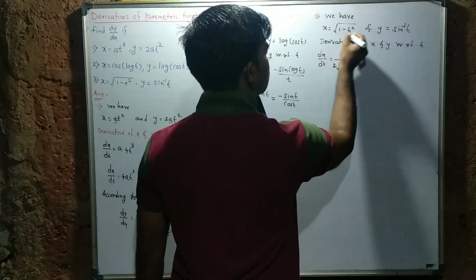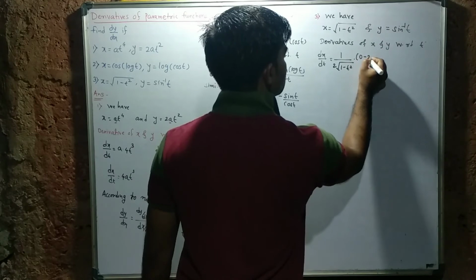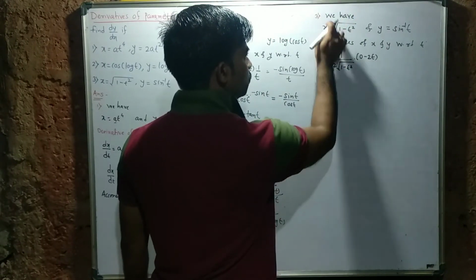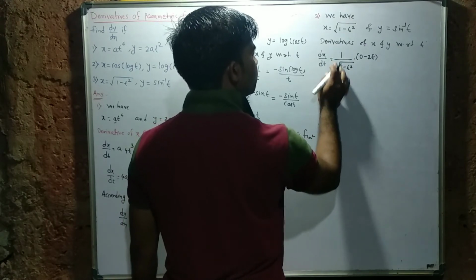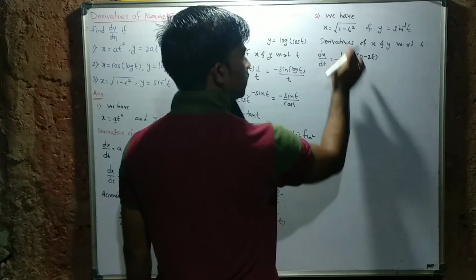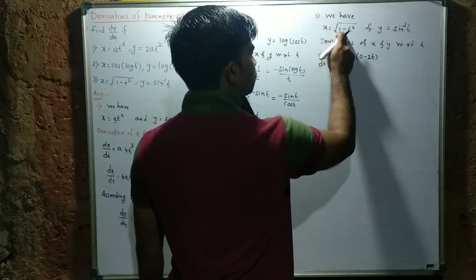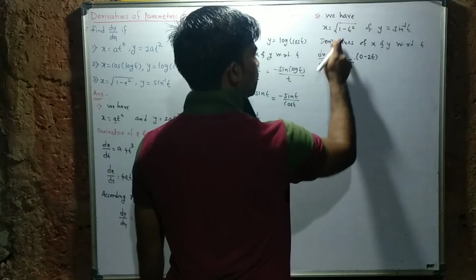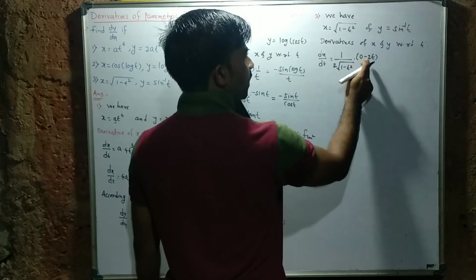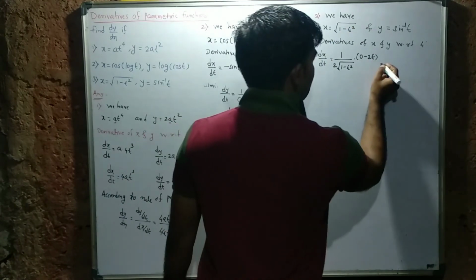Then we have to take the derivative of 1 minus t square: the derivative of the constant is 0, minus is taken as it is, and t square has the derivative 2t.